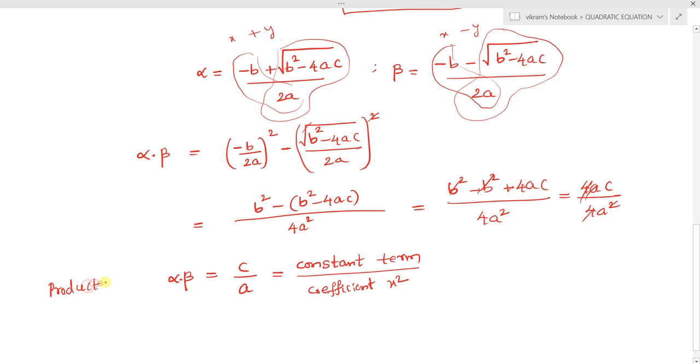So alpha beta is nothing but c by a. So in ax square plus bx plus c equals 0, the product of the roots can be written as c by a.